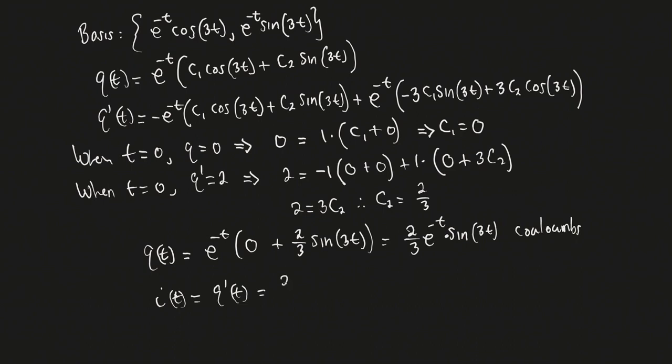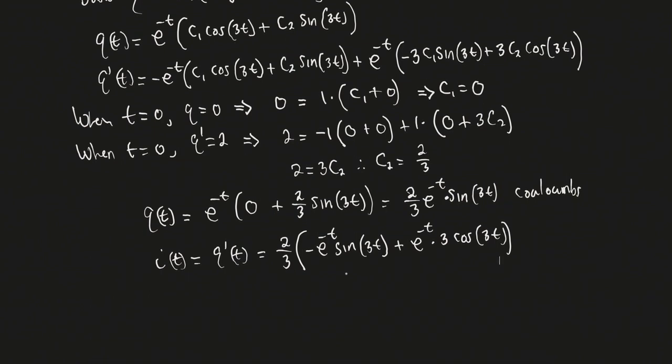So what I will do is I'll bring down the 2/3. That's a constant multiple. And then inside I'll use the product rule. So negative e to the negative t times the sine of 3t. And then plus e to the negative t times 3 cosine of 3t. And then, depending on how you want to do it, you could factor out the e, and then you have 2/3 e to the negative t.